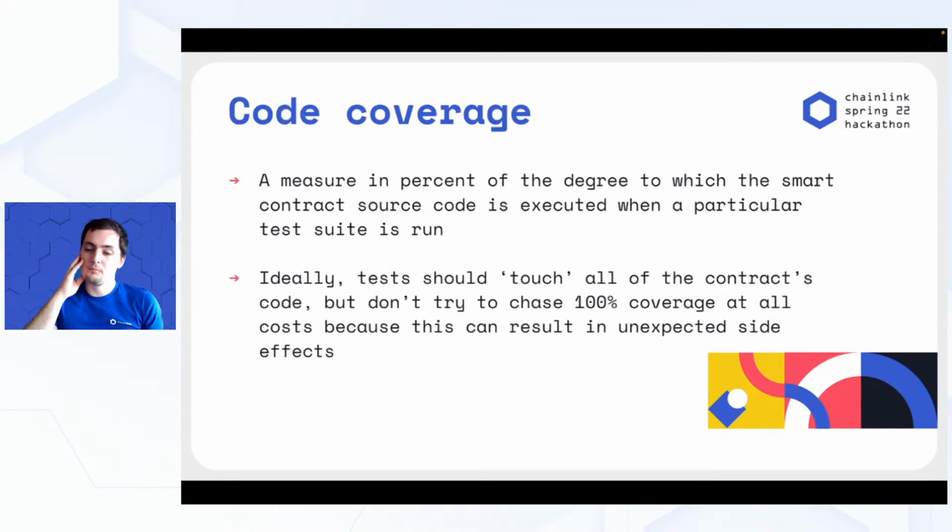Before I cover code coverage, I must say that we are going to write our tests for our smart contracts in TypeScript and not JavaScript, because TypeScript is a more type-safe language than JavaScript and has some built-in functionalities. We're going to use TypeChain, and that's my recommendation for you as well: write your tests in TypeScript when you're working with Hardhat, because TypeScript is a safer language than JavaScript.